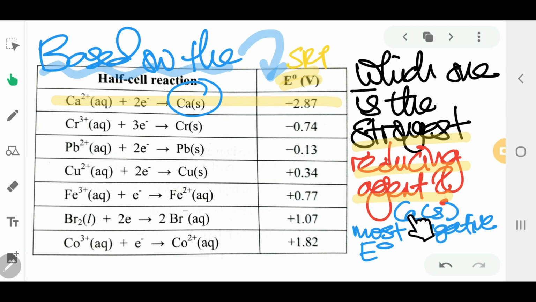That's why the answer is calcium solid for the reducing agent. These are all the reducing agents, and these are all the oxidizing agents, because these are the ones going to be reduced, and these are the ones that are going to be oxidized.